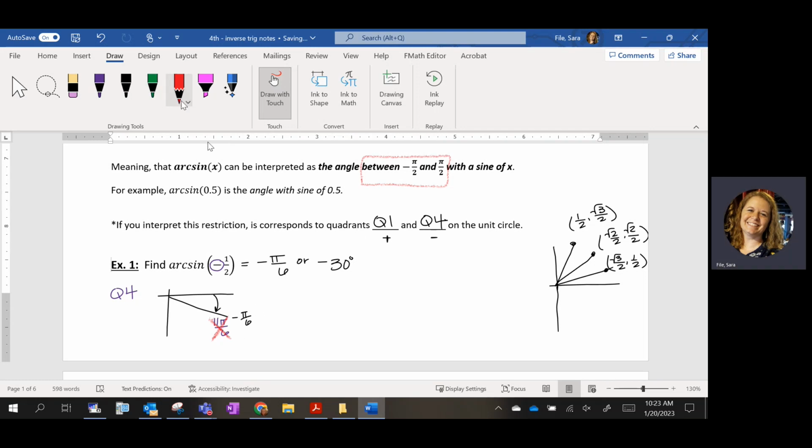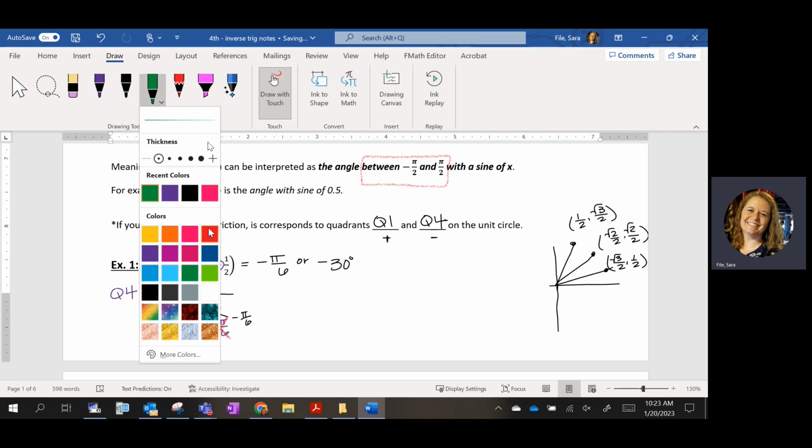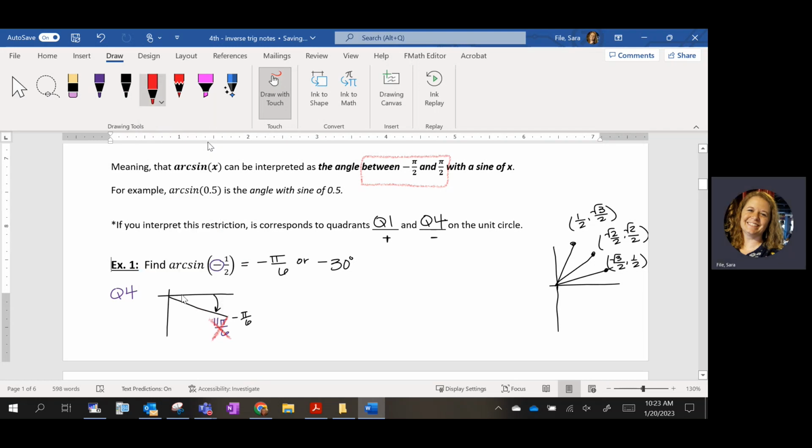If I wanted to get to 11 pi/6, I would have had to go through what I call no man's land over here, right? We can't go through those two quadrants. Quadrants 2 and 3 are out. We can't even travel through them. Does that make sense? So I can't give 11 pi/6 as an answer. It's not in this range. Does that make sense to everybody? So we have to give it as negative pi/6.